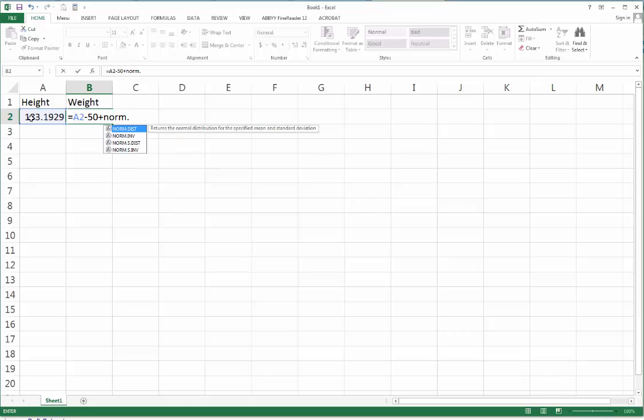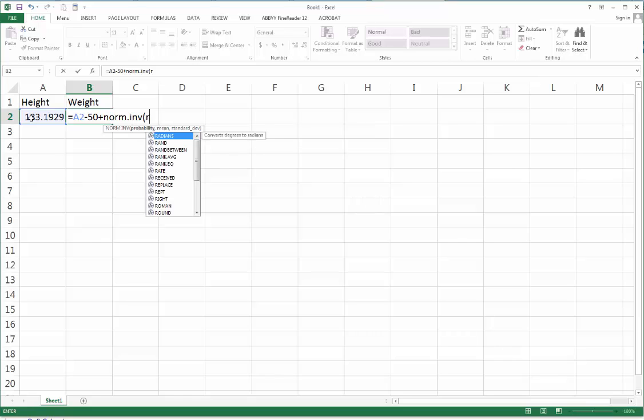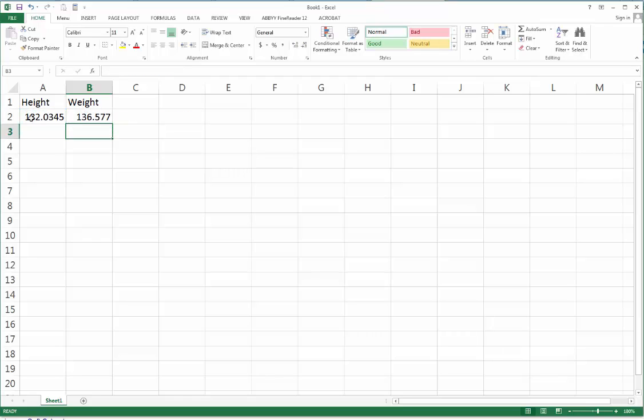Normal dot inverse in parentheses random with empty parentheses. After a comma I'm putting the mean 0, which is in the book, is fine, and standard deviation 20, which is also fine. Okay, so we have here observations on one person, so I want to generate 20 observations like that.